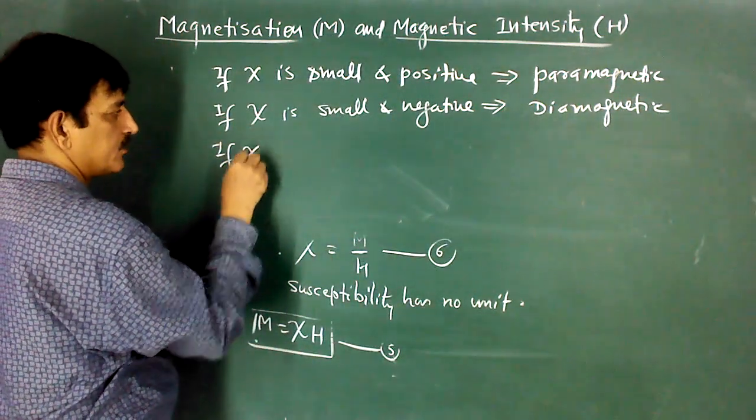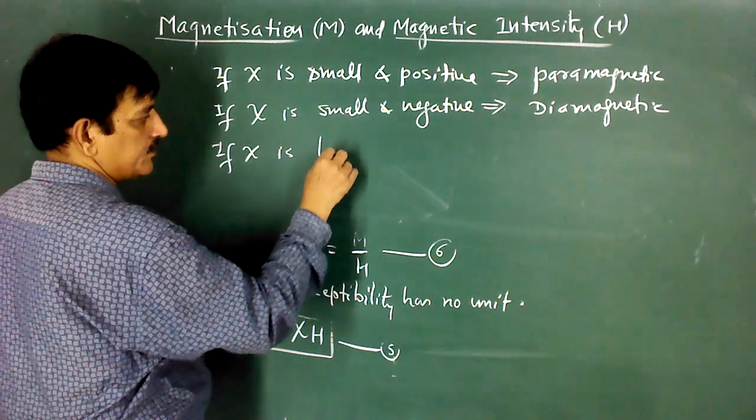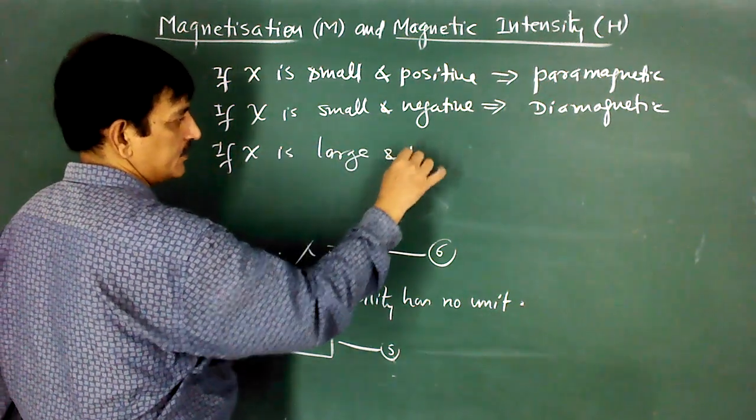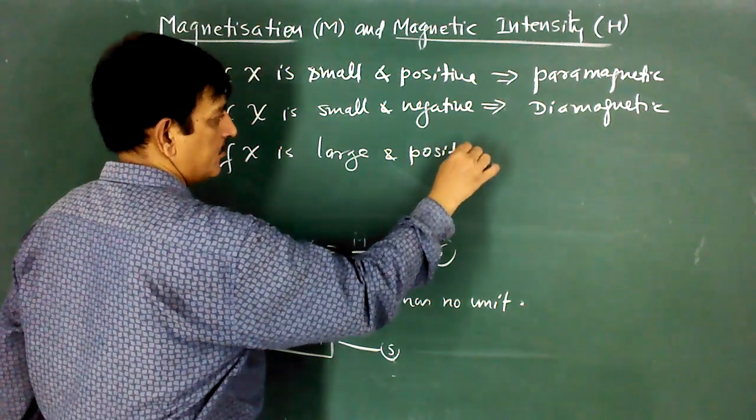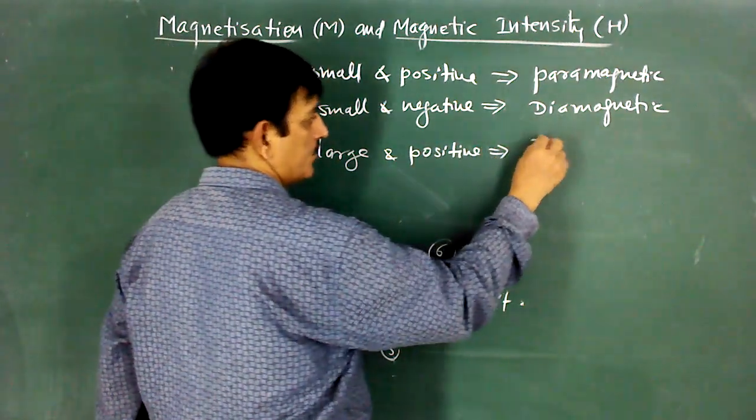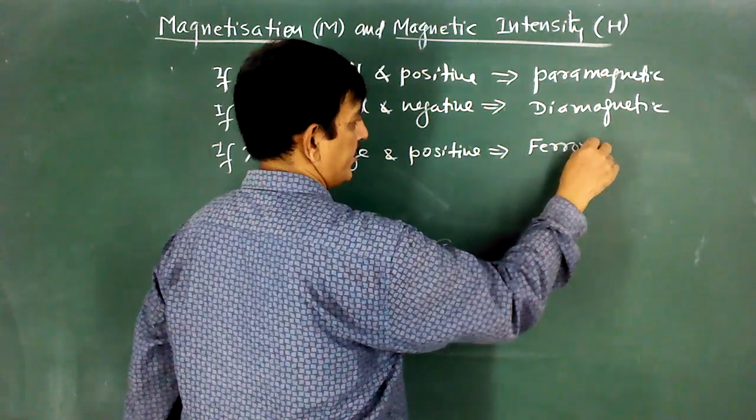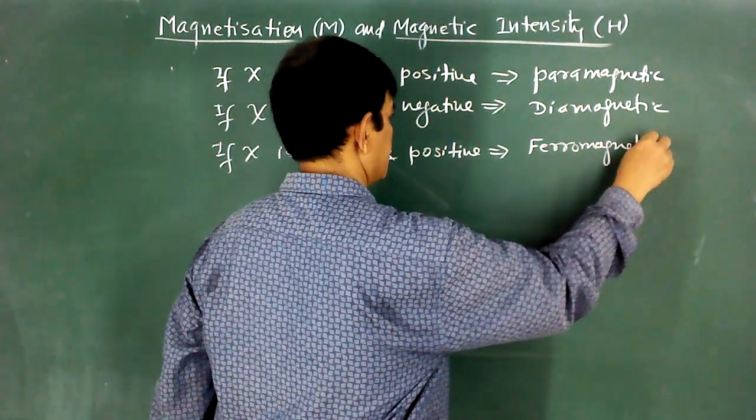And if xi is large and positive, the material will be called ferromagnetic.